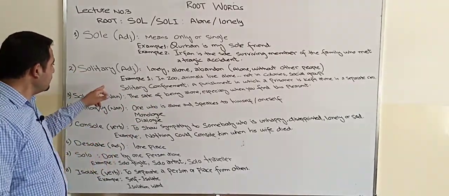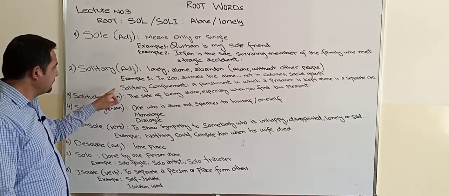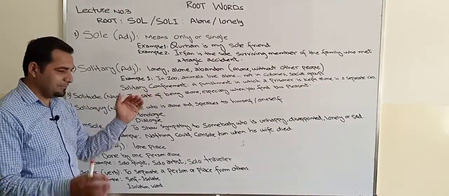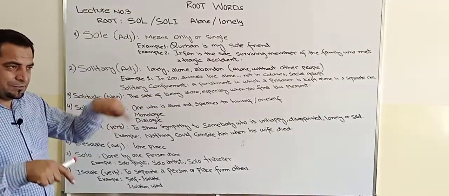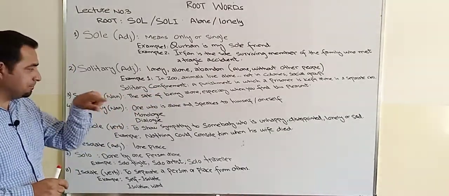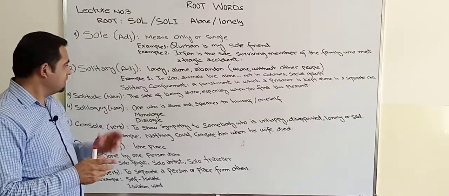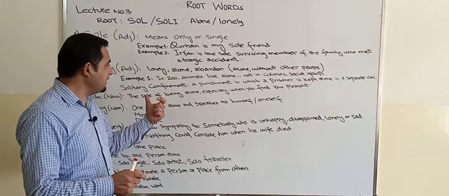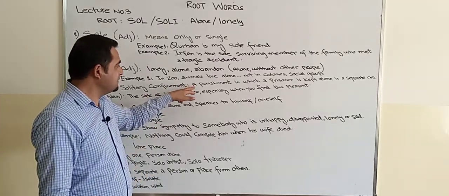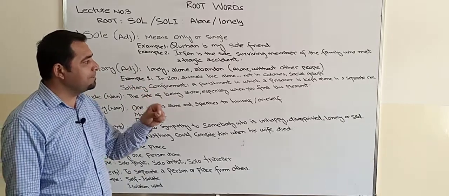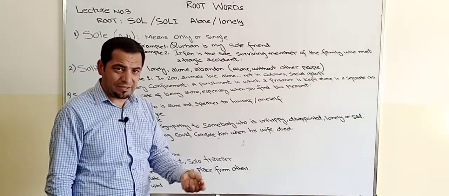So second example, solitary confinement. Now confinement means to be in a particular place, all right? So this phrase solitary confinement is used and it means a punishment in which a prisoner is kept alone in a separate cell.